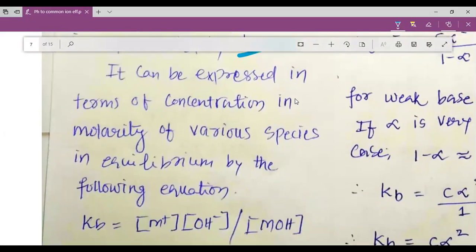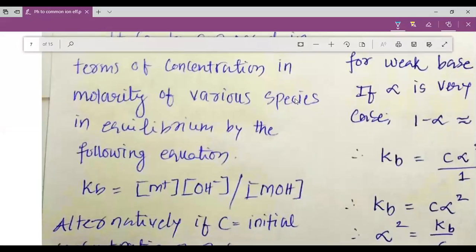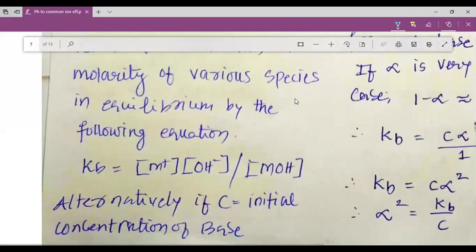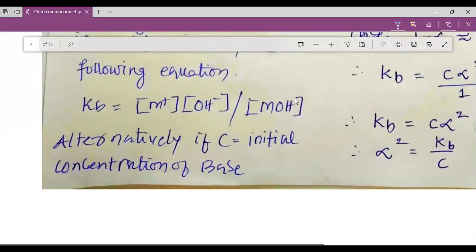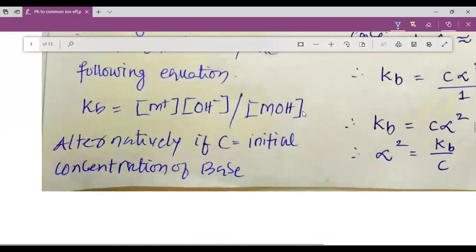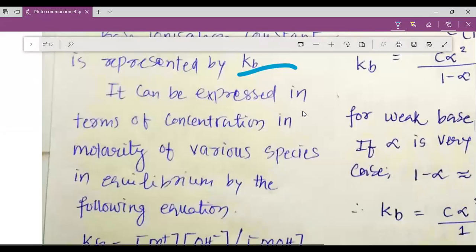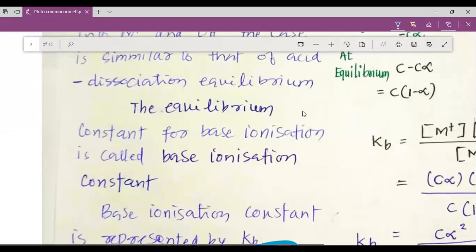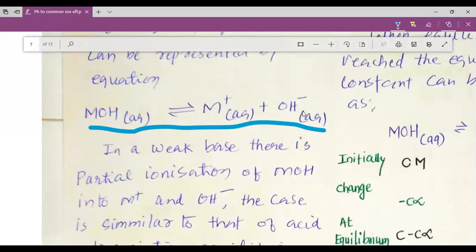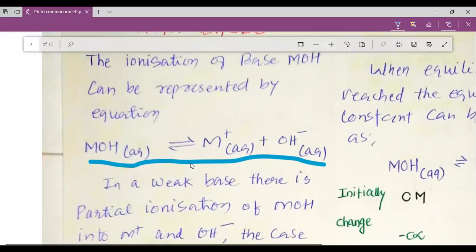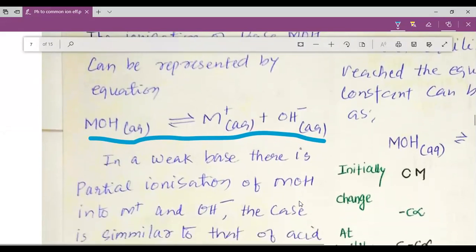It can be expressed in terms of the molar concentrations of the various species in equilibrium by the following equation. Kb is equal to the concentration of M plus multiplied by the concentration of OH minus divided by the concentration of MOH. Please remember, my dear students, that in this equilibrium we have not used water at all, and that is why we can directly write the Kb in this form.